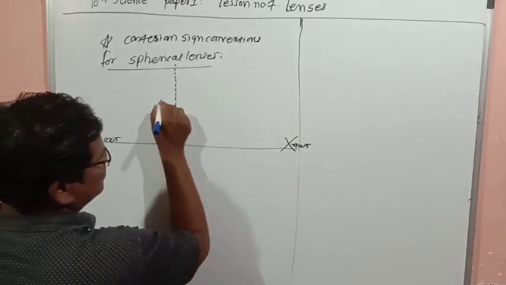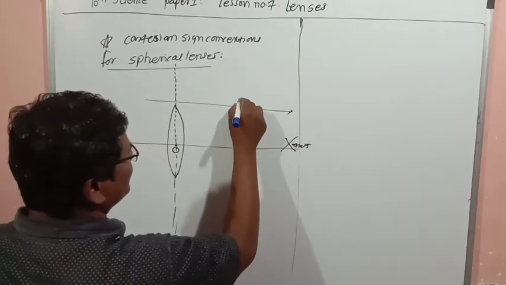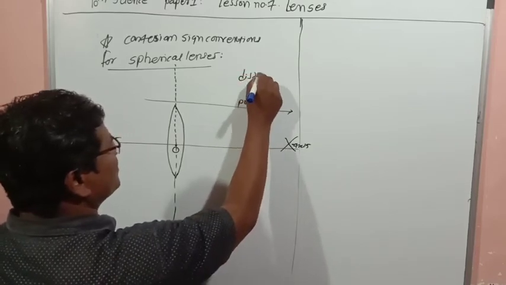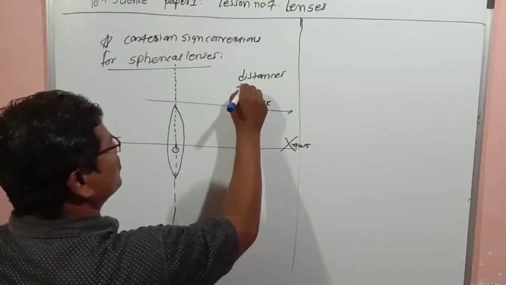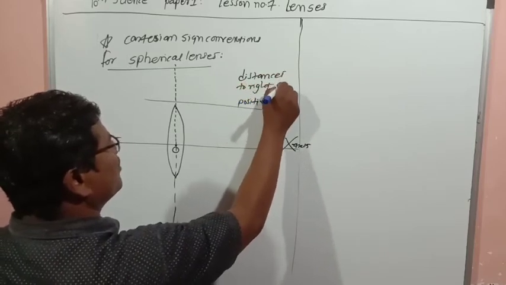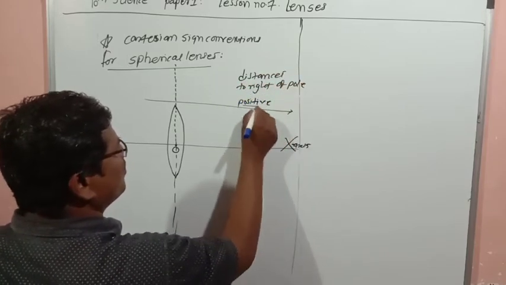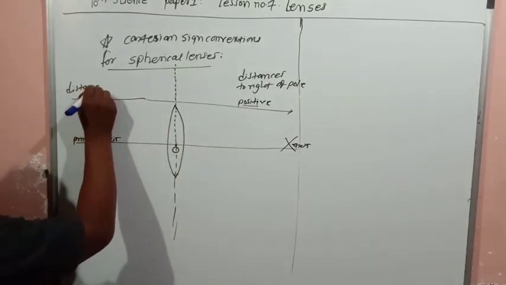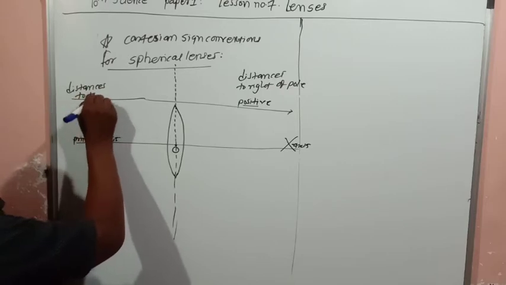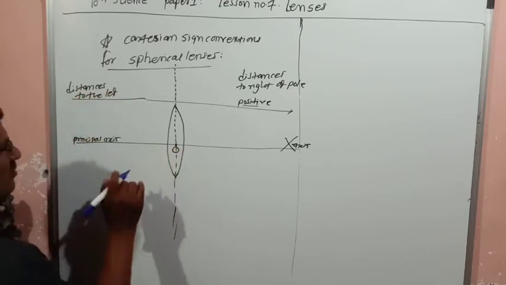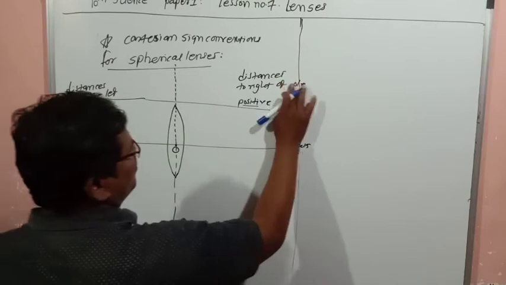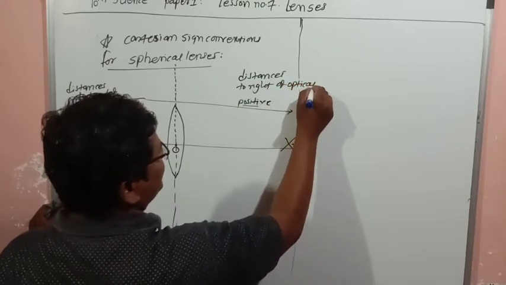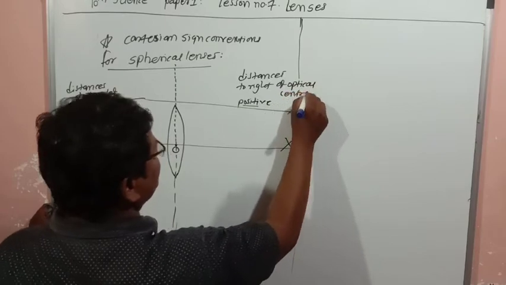Distances to the right of the optical center are positive.